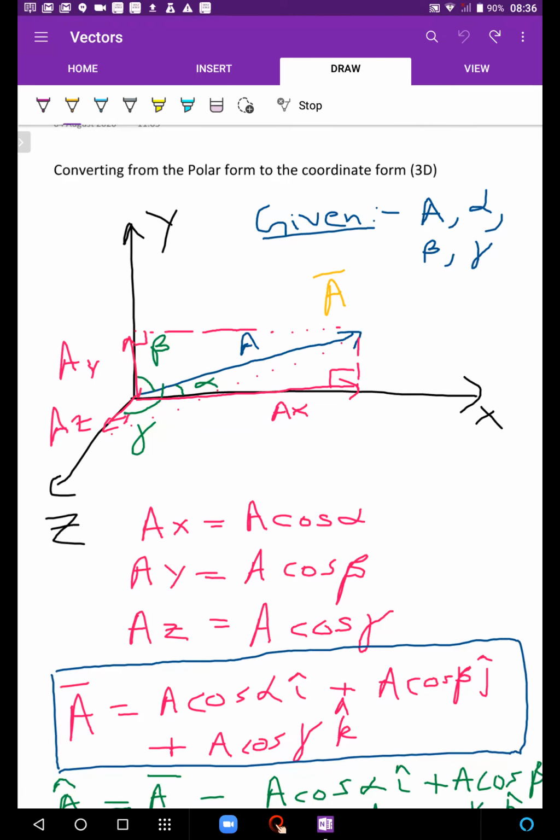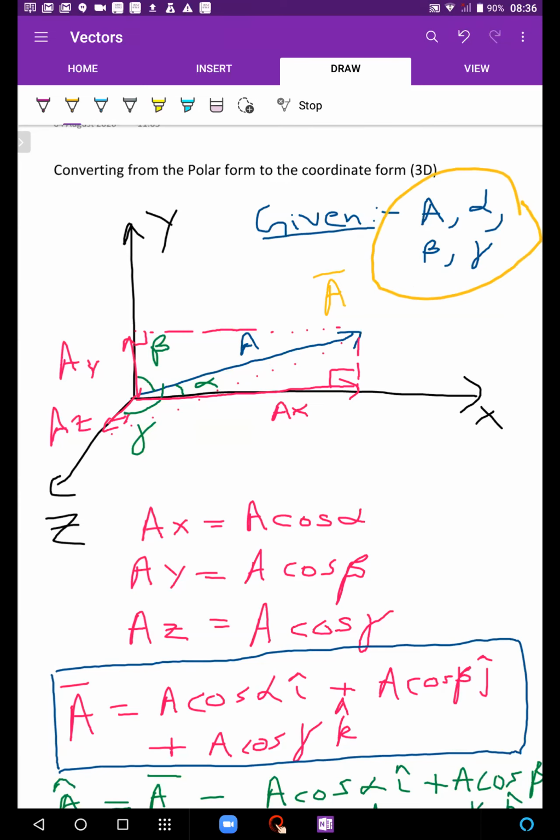So I have alpha, beta and gamma. I also have the magnitude of the vector. So if I'm given the magnitude and I'm given the angles, I'm ultimately given the vector in polar form. I'm given the magnitude and all the relevant angles.